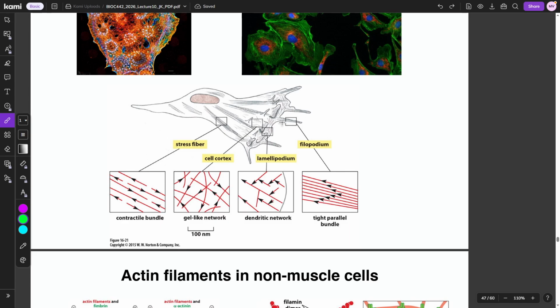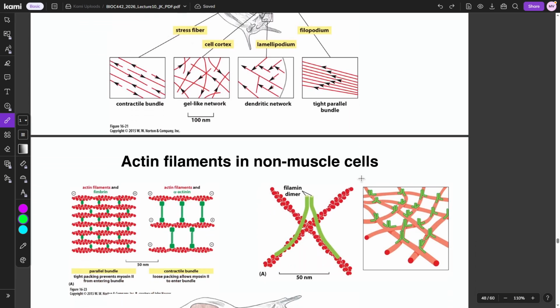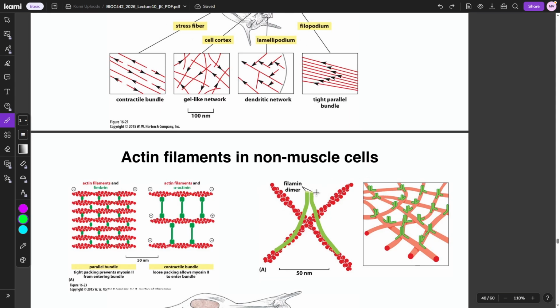Remember when you did Sonic the Hedgehog stuff, you needed that protrusion, that microvilli, to occur in order for anything to happen in that signaling pathway. Actin could help with forming those microvilli. That's the cool thing about actin in general, that it's very involved in a lot of these processes.